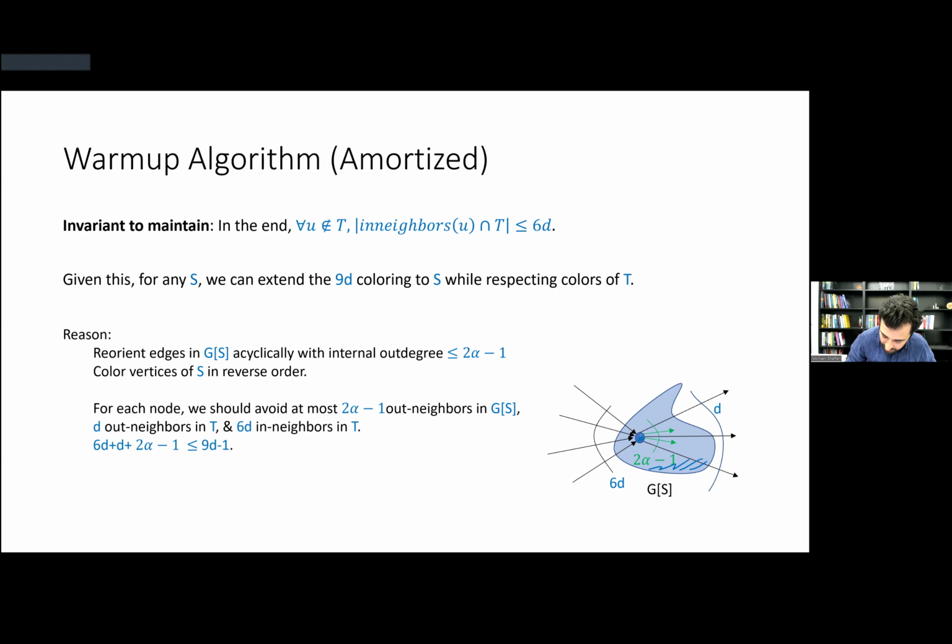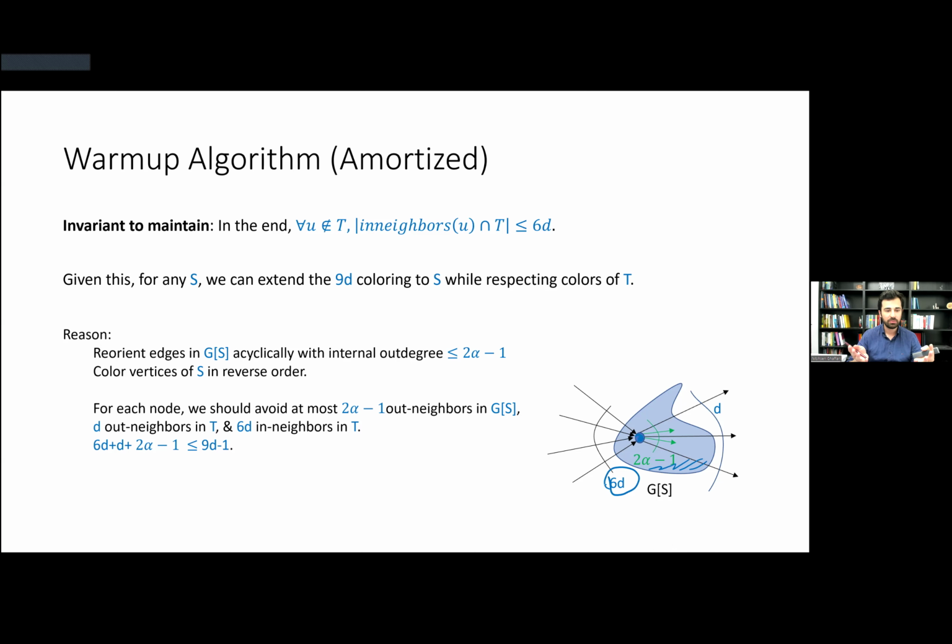Whenever I arrive at the turn of a particular node, we have at most 2 times alpha minus 1 out neighbors in this subgraph that have been colored. At most D out neighbors on the outside have already been colored. Anyhow, the total number of out neighbors on the outside is at most D. And because of the invariant, at most 6 times D in neighbors on the outside of this induced subgraph have been colored.